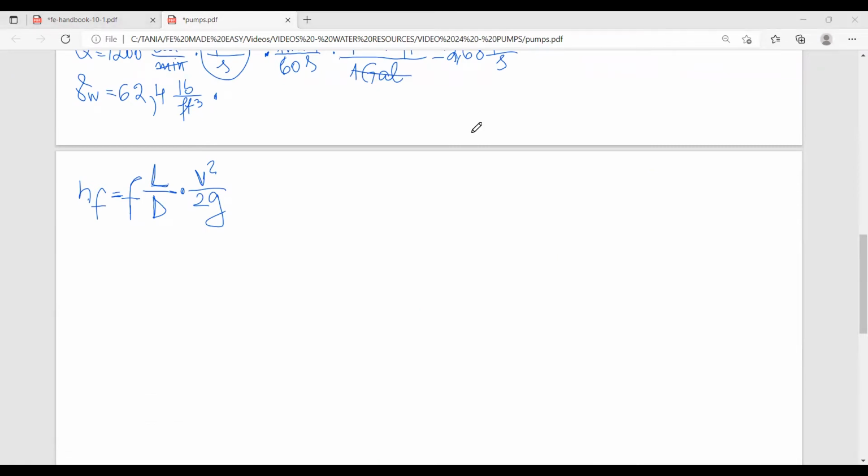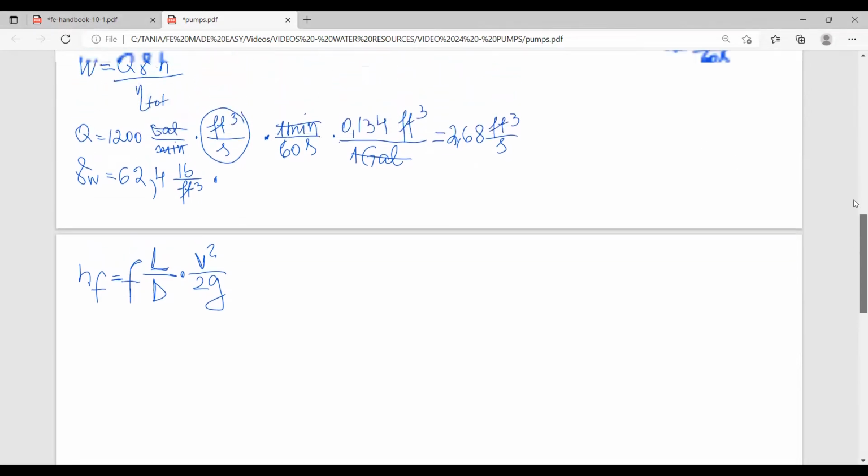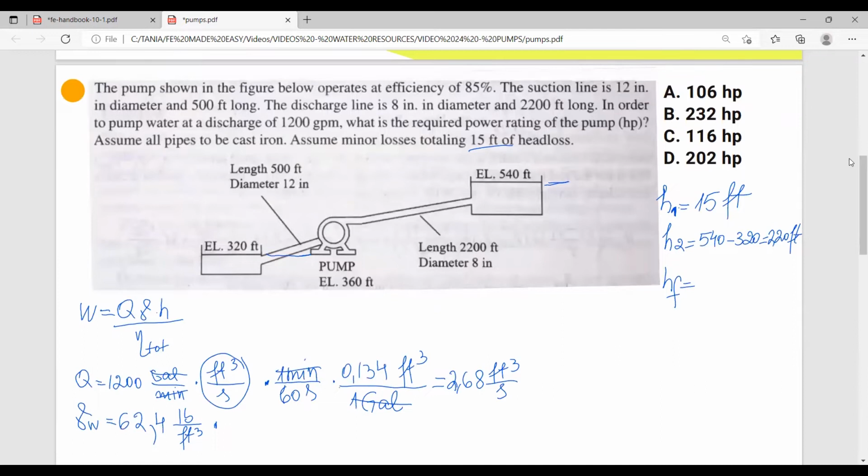Let's focus on calculating the velocity. The velocity needs to be divided into a suction line and the discharge line. Here is our pump, and on this part we have suction, and on this side we have discharge.